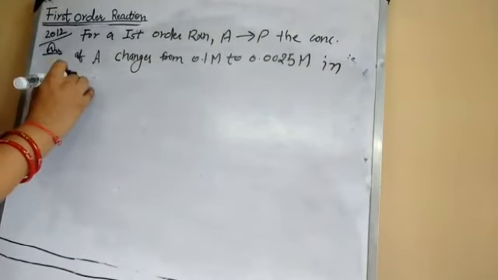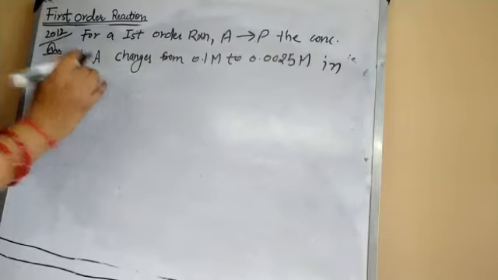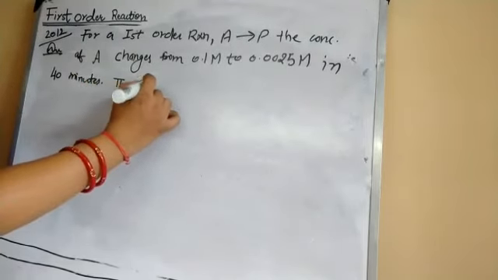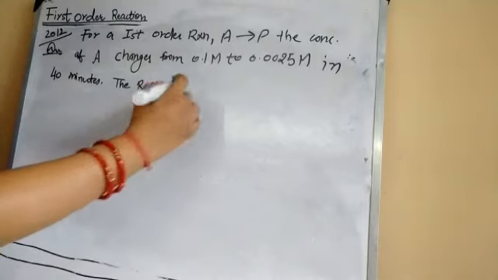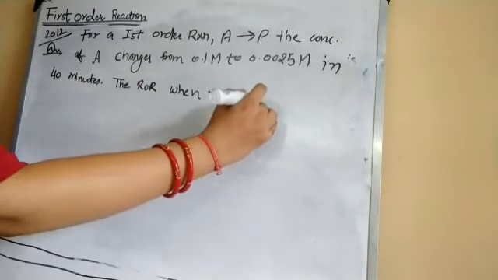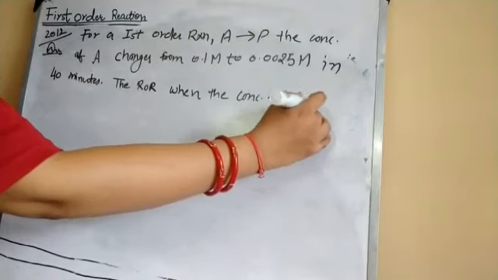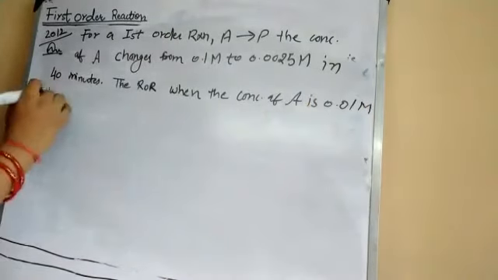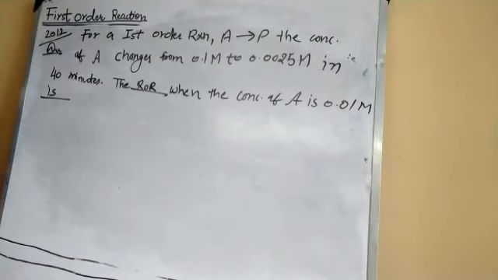So the time they have given. Now they are asking the rate of reaction when the concentration of A is 0.01 molar. So they are asking the rate of reaction.